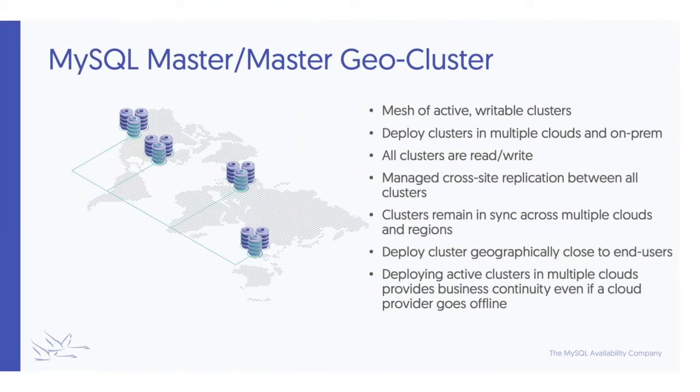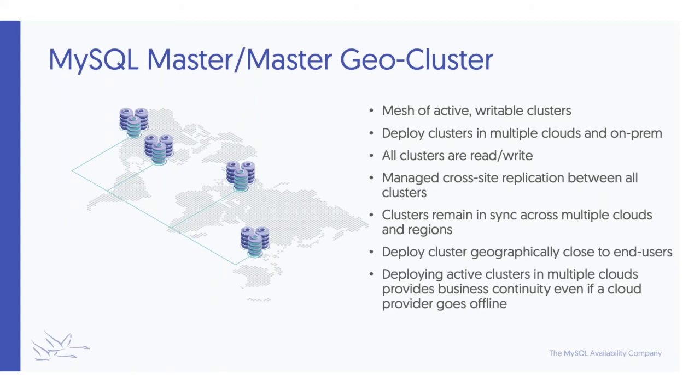Let's look also at multi-master, right? We can deploy a number of clusters all connected together by replication, all in sync, and each one having a master. So in essence, we have a mesh of active writable clusters.